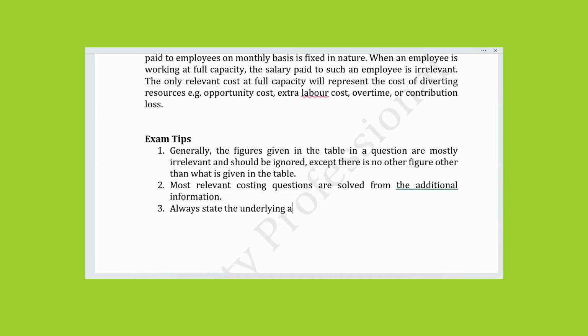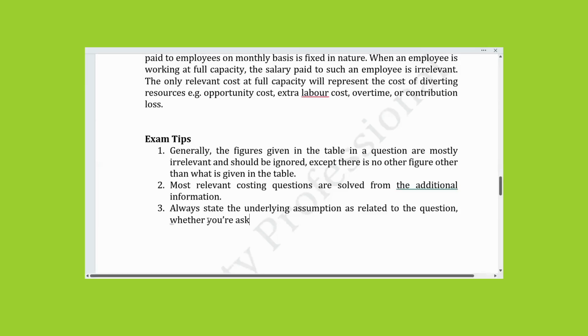The underlying assumptions as related to the question, whether you are asked or not, or whether or not you are required.